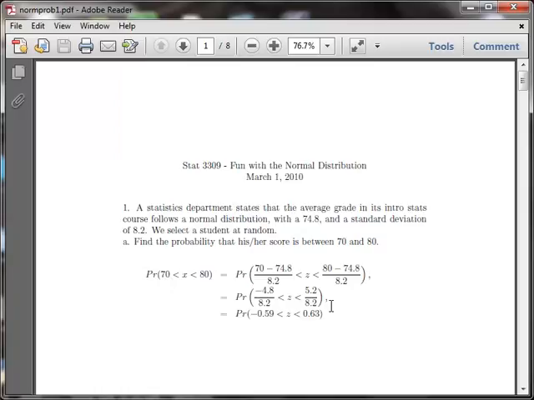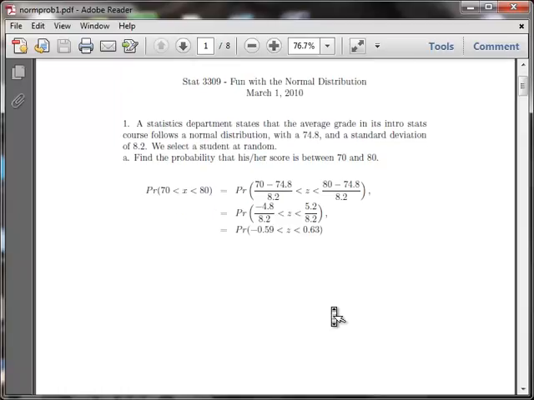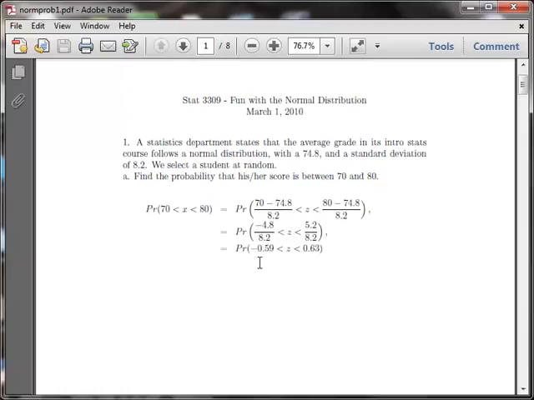This simplifies to negative 4.8 over 8.2, less than z, less than 5.2 over 8.2, and that scales down to the probability that z is between negative 0.58 and positive 0.63.